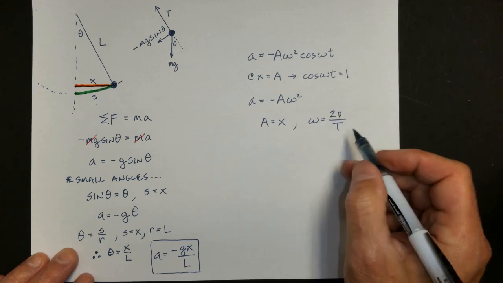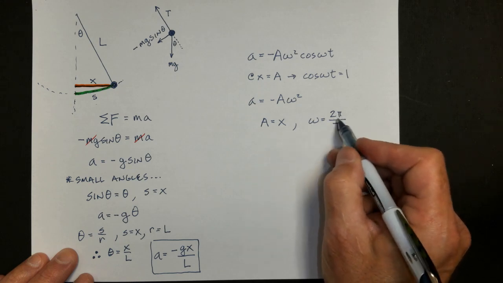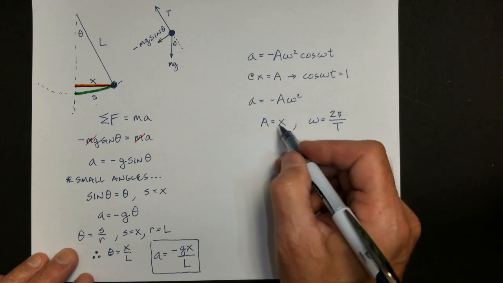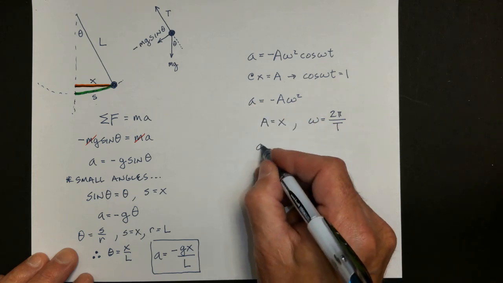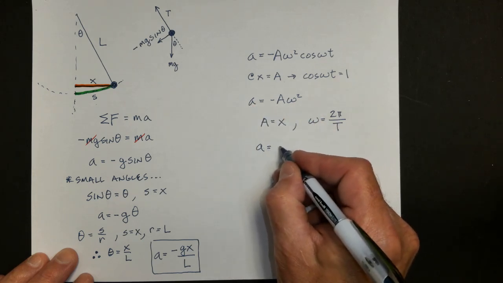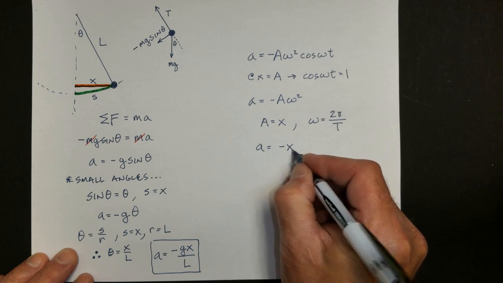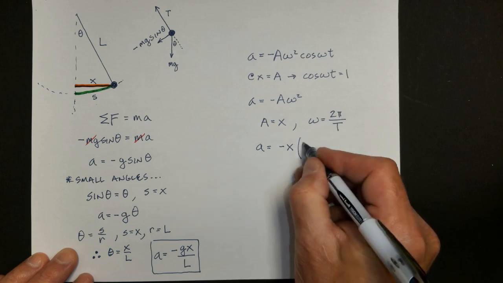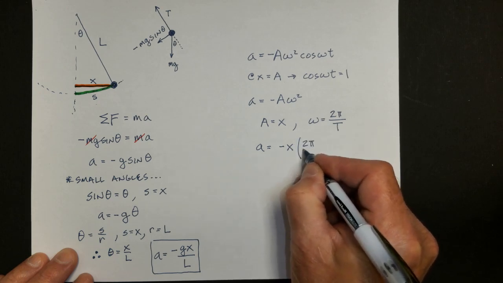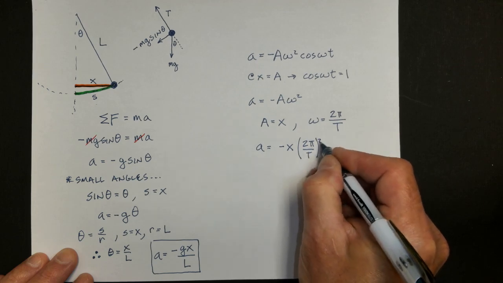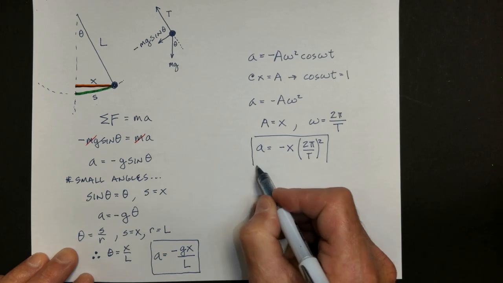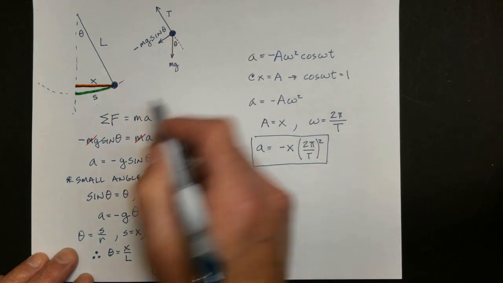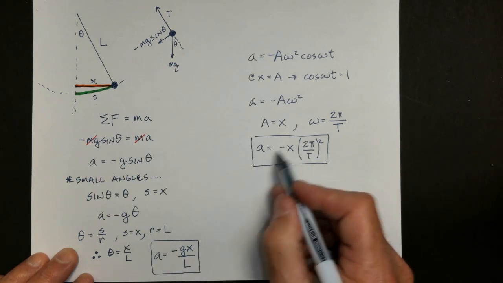And so now we can substitute omega with 2 pi over T, and we can substitute x for A. So now we can take this expression and say a is equal to negative x times the square of 2 pi over T. And I think what you can probably see right now is we've gone as far as we can in terms of what we know about simple harmonic motion.